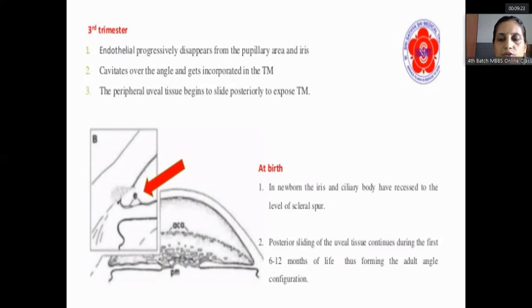At birth, in a newborn, the iris and the ciliary body have recessed to the level of the scleral spur, and posterior sliding of the uveal tissue continues during the first 6 to 12 months of life, thus forming the adult angle configuration.